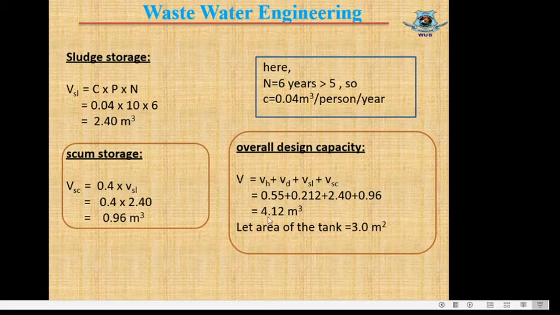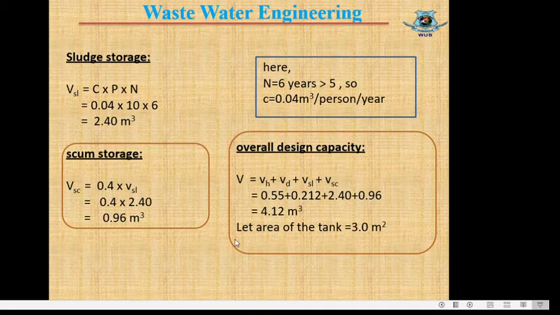The normal provision is to make the tank rectangular, with the length greater than the width. If it is a single compartment septic tank, the length of the tank will be 3 times the width. That means if the length is 3 meter, then the width will be 1 meter.